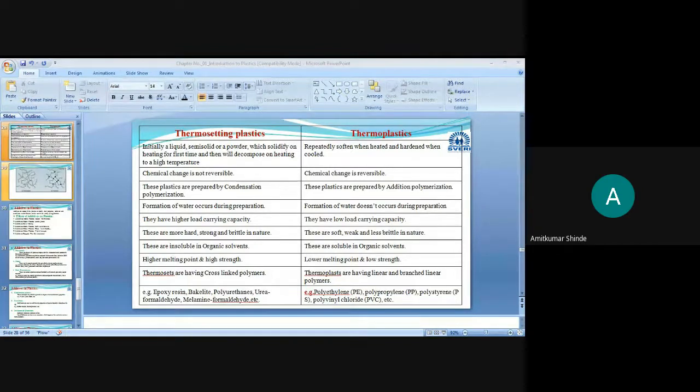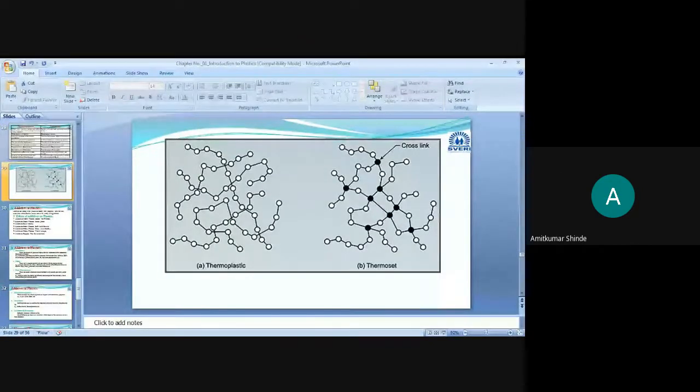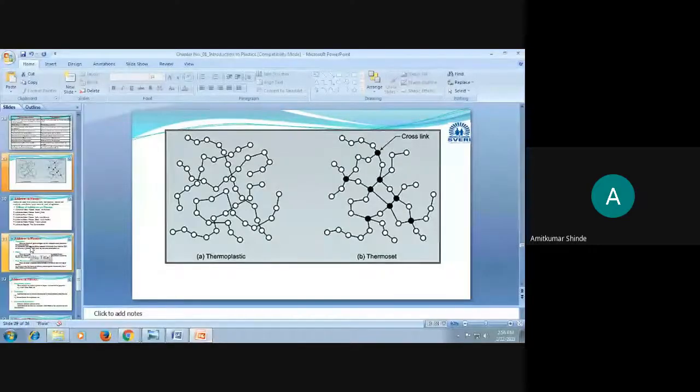Wait for a few seconds. I will reshare my screen here. I think for that particular tab, some problem is there. And now I think that slide will be visible.